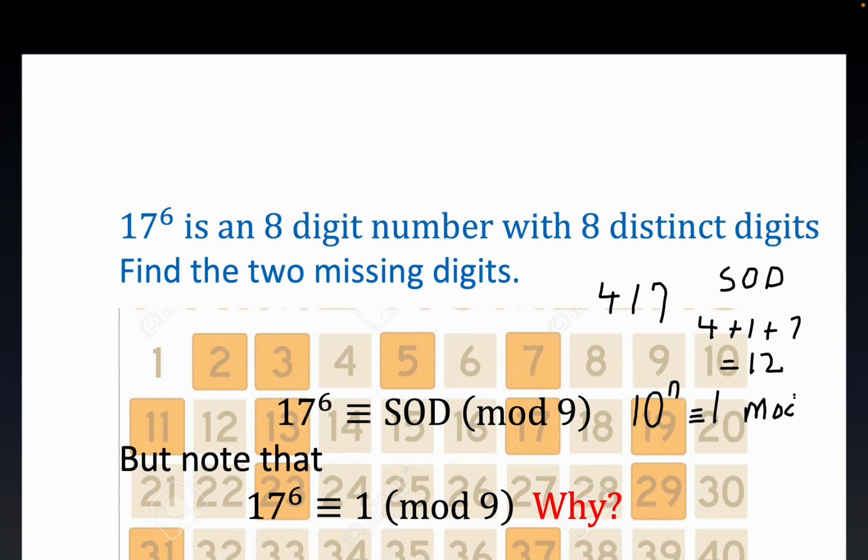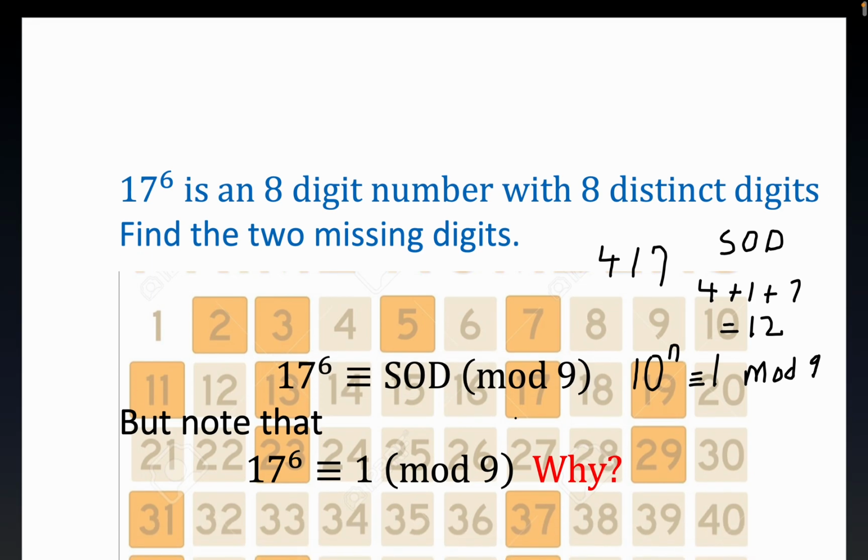If n is 1, you would have 10 minus 1, which is 9. If n is 2, you would have 100 minus 1, which is 99. 10 cubed, 1000 minus 1 is 999. So this is very clear. And since 10 to the n is present in the decimal expansion of 17 to the 6th, it follows that this number would be congruent to the sum of its digits mod 9. Okay? Now, let's keep going.